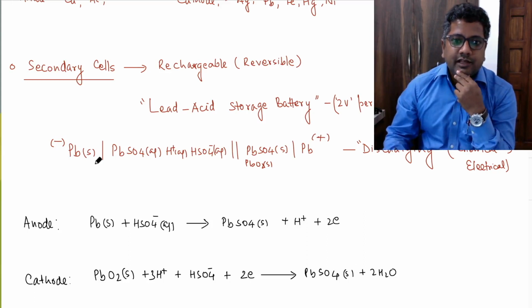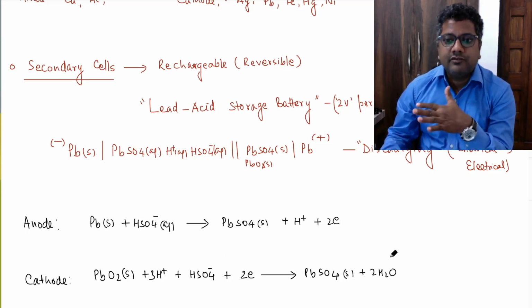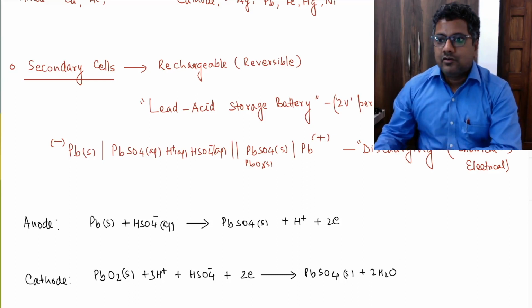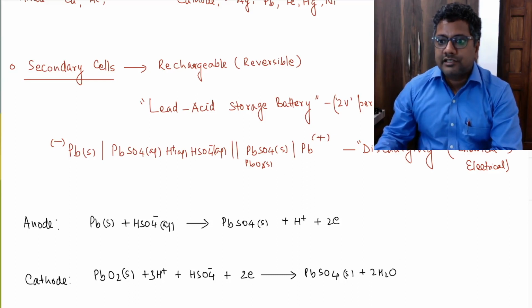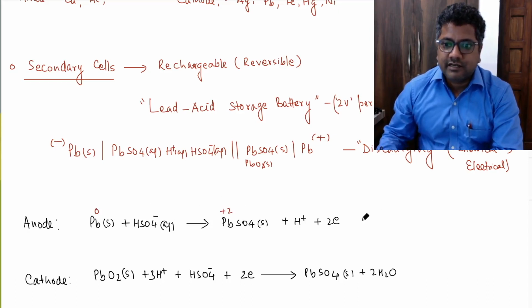This is the anode reaction. This Pb is converted into PbSO4, and here this PbO2 is also converted into PbSO4. So what oxidation and reduction is taking place? From here this is 0 oxidation state and this is plus 2. So this is equation 1.